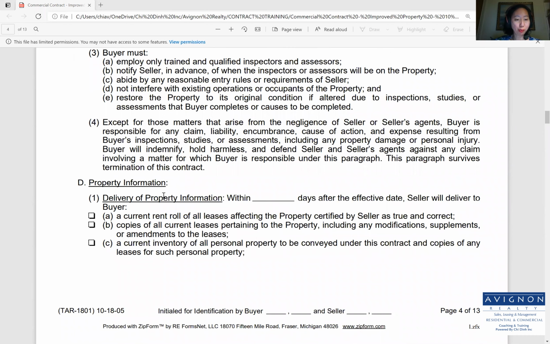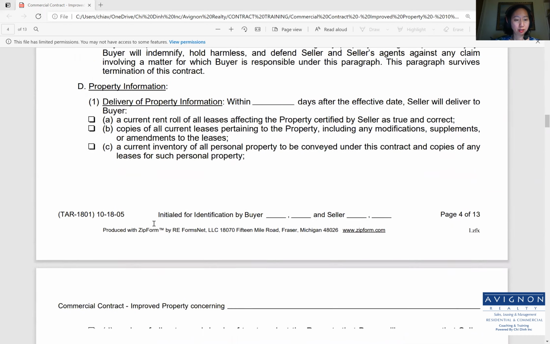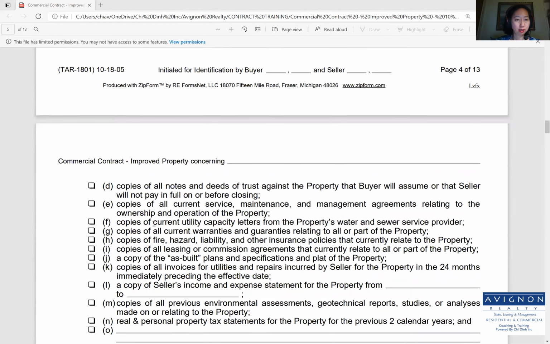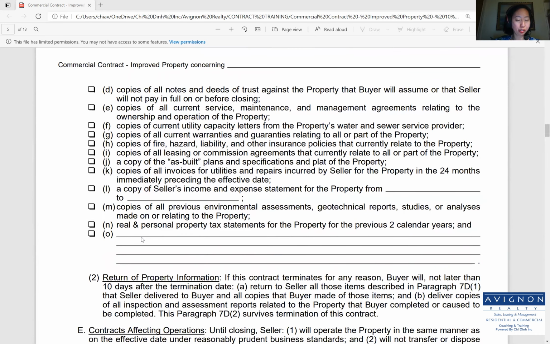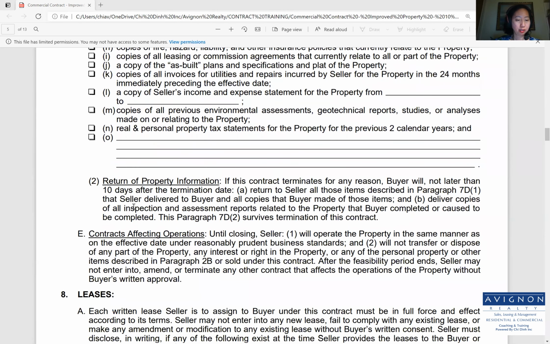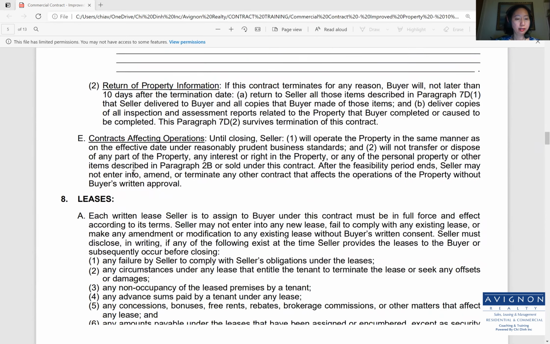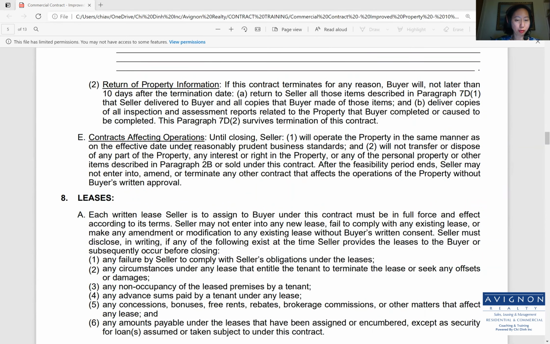D is regarding property information. More on property information. Then 2, return of property information. And then E, contracts affecting operations.